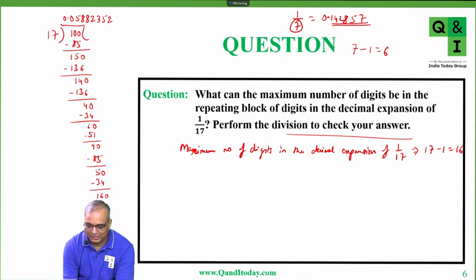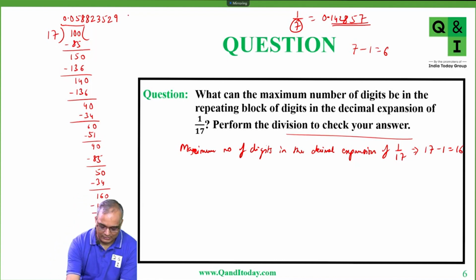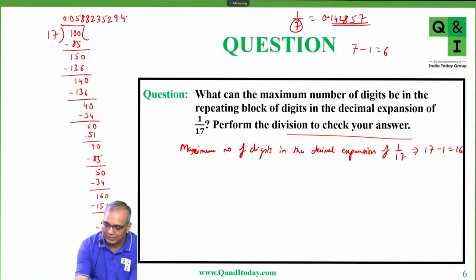We have 16, 160. 17 times 9 is 153. So you have again 70, right? So 17 times 4 is 68.